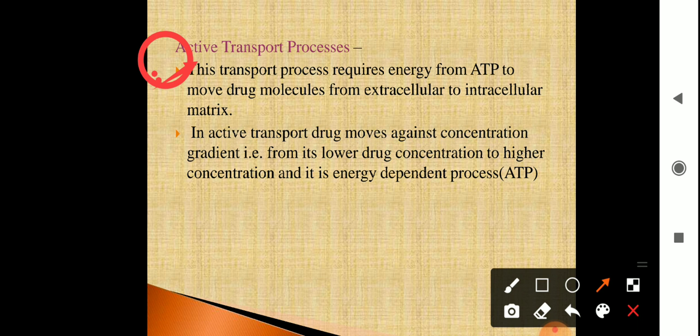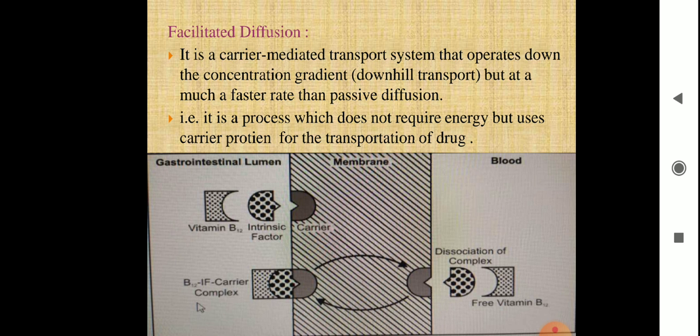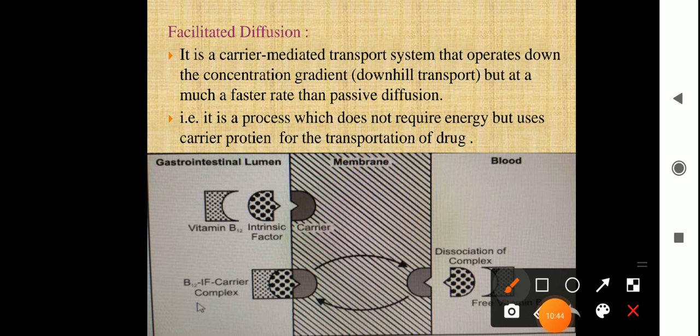Okay, so next is facilitated diffusion. It is a carrier mediated transport system, that is, it requires a carrier for the transport of the drug molecules, and operates down the concentration gradient. It is also a downhill process or downhill transport, but at a much faster rate than passive diffusion.